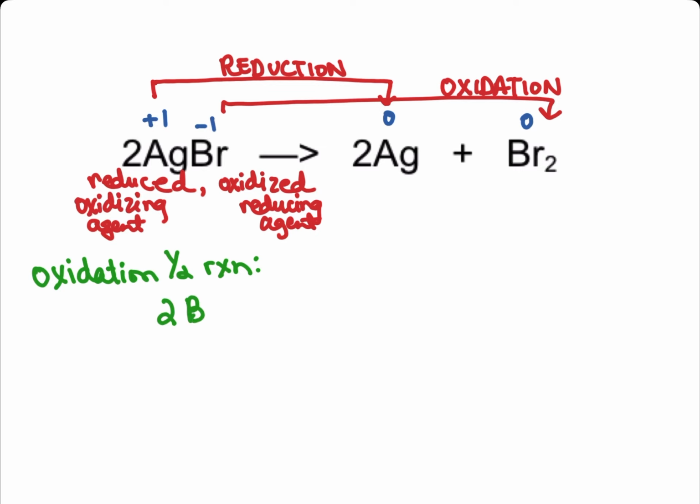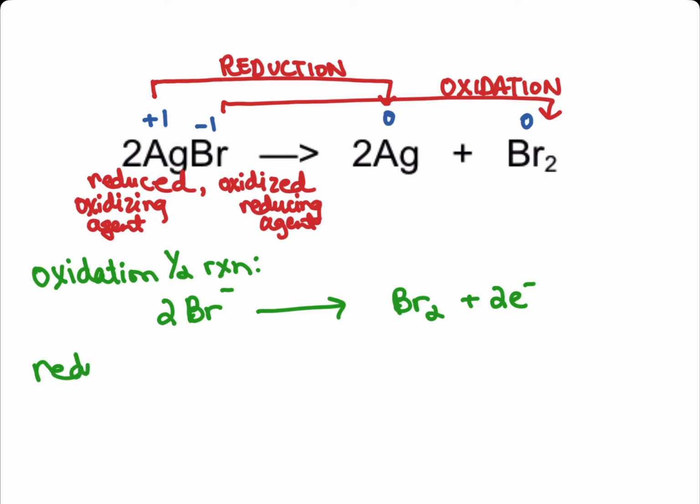So 2 Br minus, and I have to show the charge, electrons get transferred, and it becomes Br2. I have 2 bromines on each side. I have a total charge of -2 on the left and no charge on the right. So I'm going to have to add 2 electrons because electrons are minus, and now my charges equal out. And the definition of oxidation is the loss of electrons, and I see that when it's on the product side.